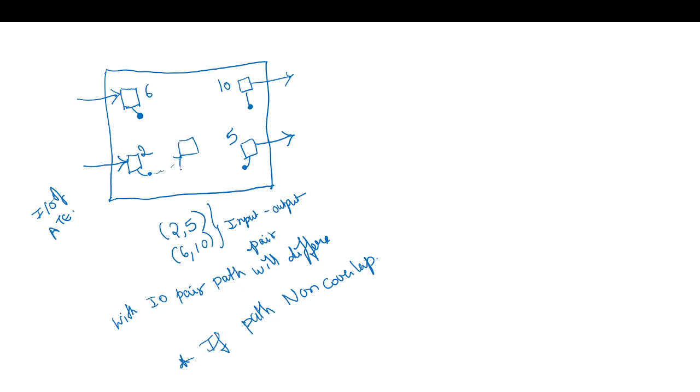So input will come from this router, say output is coming from this router. It should also be connected to some router. Now this path is reserved. If the paths are non-overlapping, then we can perform the test in parallel.